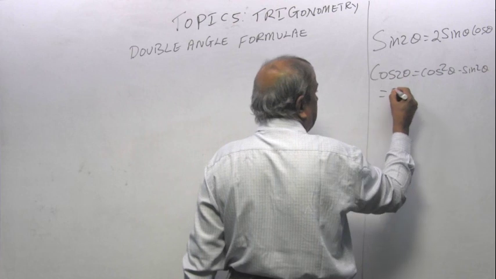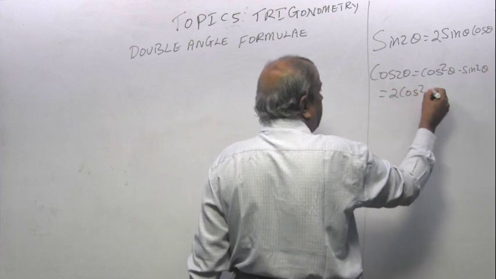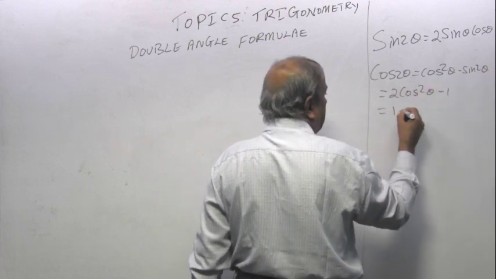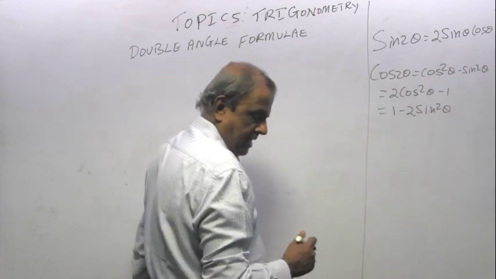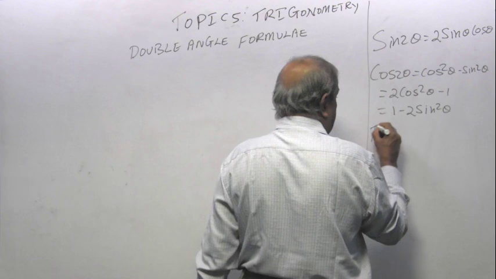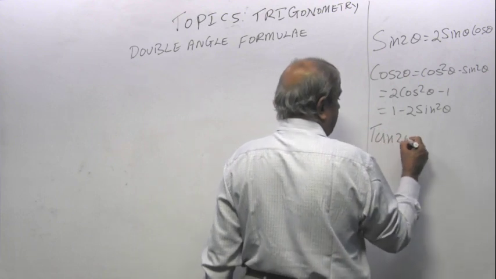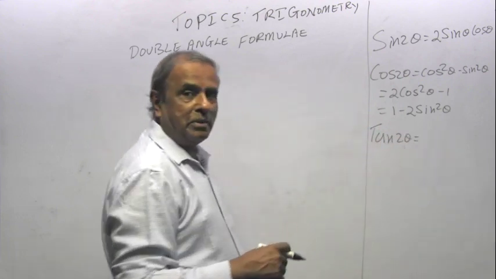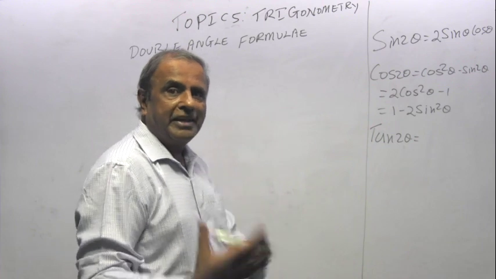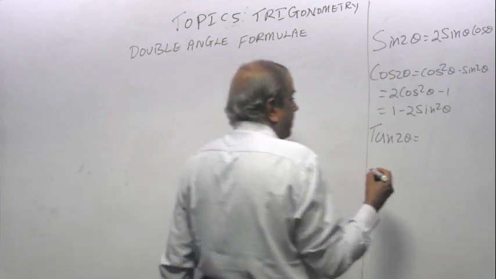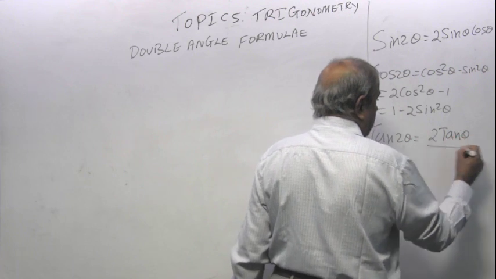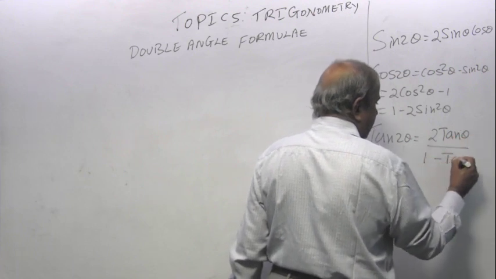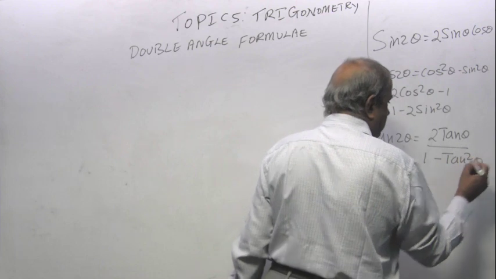It's also equal to 2 cos squared theta minus 1. It's also equal to 1 minus 2 sine squared theta. And tan 2 theta. Last time I used A, this time I'm using theta, to get used to various angles. 2 tan theta over 1 minus tan squared theta.